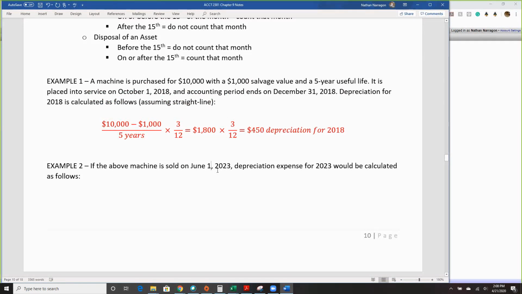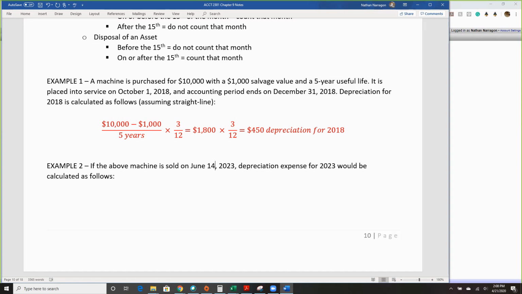Let's change this up. I'll give it a different date. We're going to say the above machine is sold on June 14th of 2023, and we need to calculate depreciation expense for 2023.